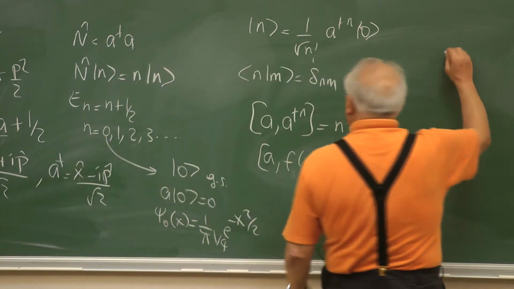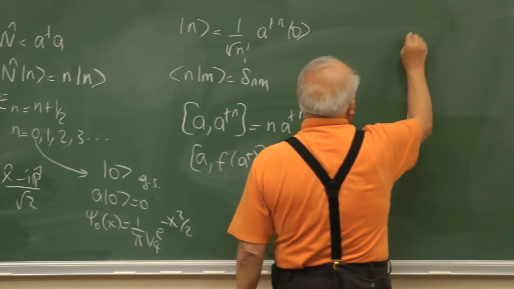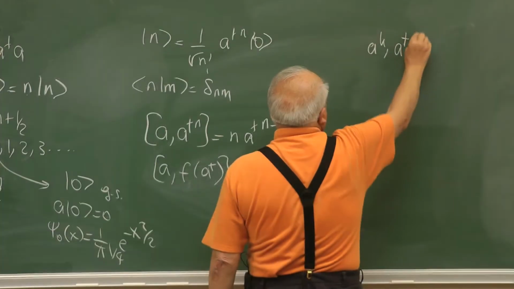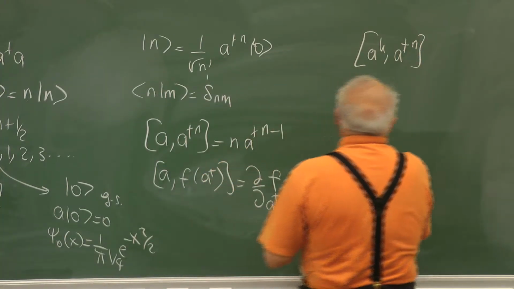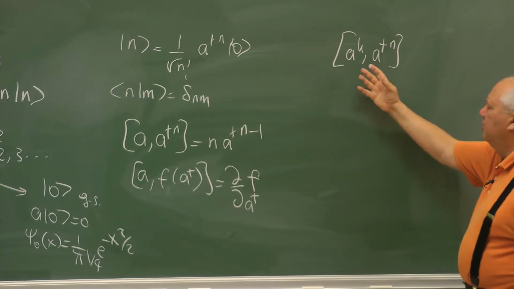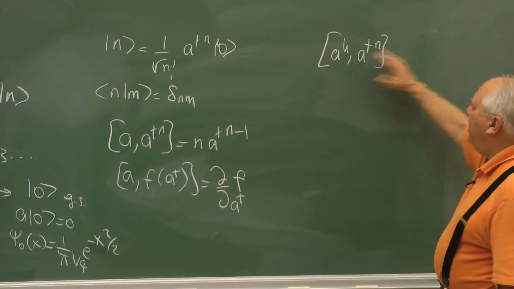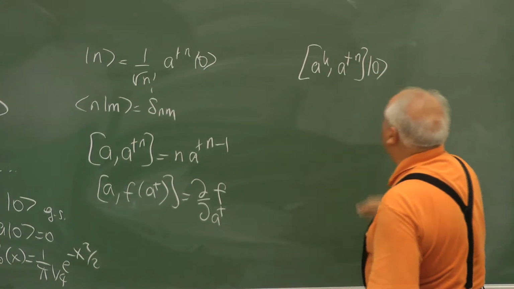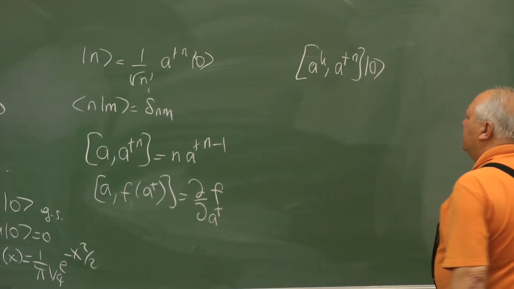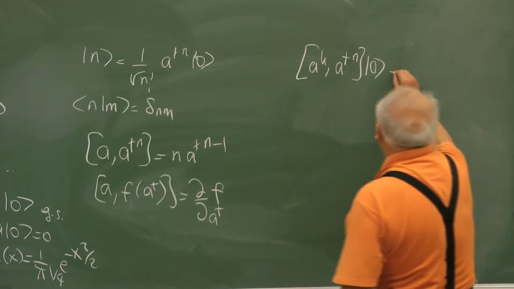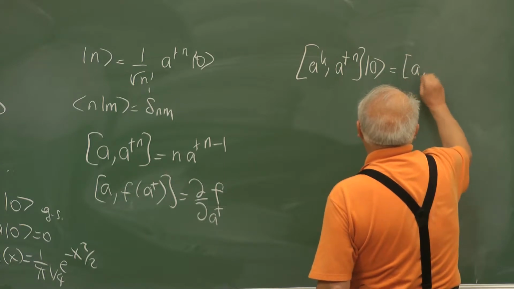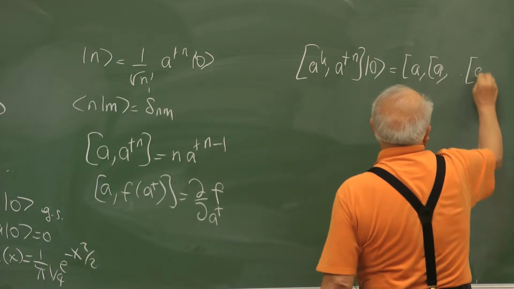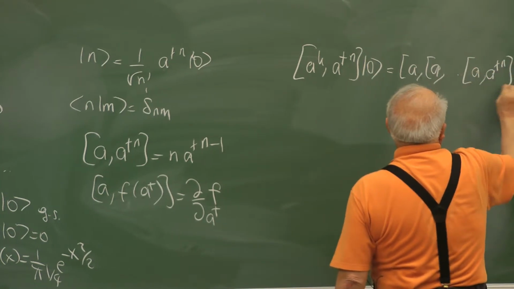Another group was if we raise the power of a. So let's say the commutator of a to the k with a dagger to the n. If you work out this commutator, there will be many terms with a's on the right. But if we put |0> here, all those a's acting on the ground state will give 0. So the only contributing term will be a to the k times commutators with a dagger to the n.